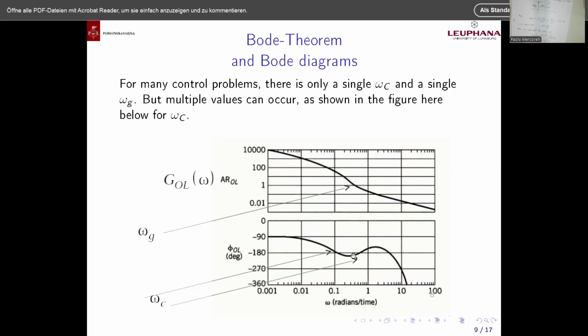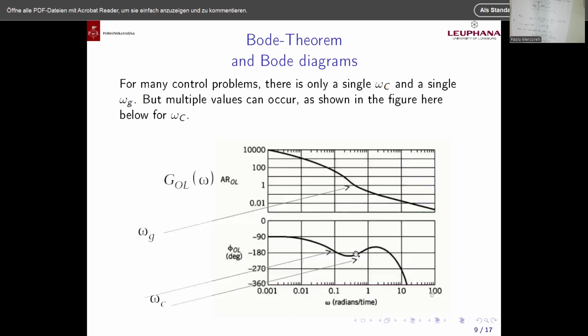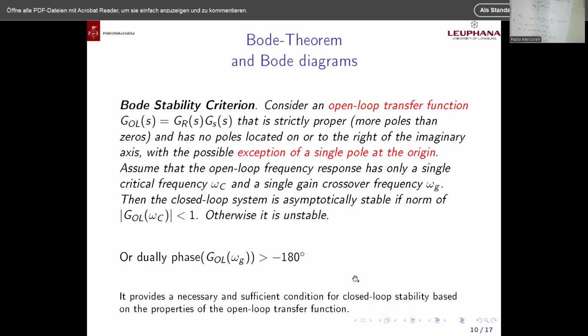This means that to obtain asymptotic stability, the theorem says that we need the margin to be larger than minus 180. This means positive phase margin.